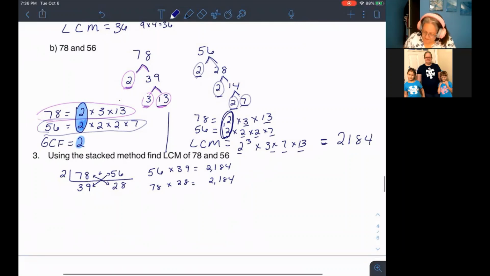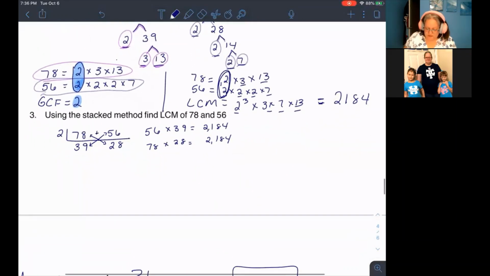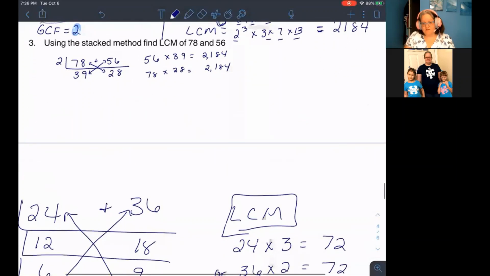All right, so number 3, it says using the stacked method, find the least common multiple of 78 and 56. Now this method is actually a little bit easier, I think. It's kind of using the previous stacked method that we did, but it's comparing two numbers instead of just one. So you take the two numbers, 78 and 56.